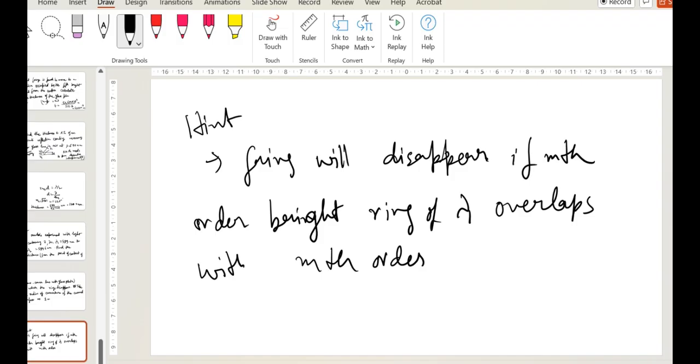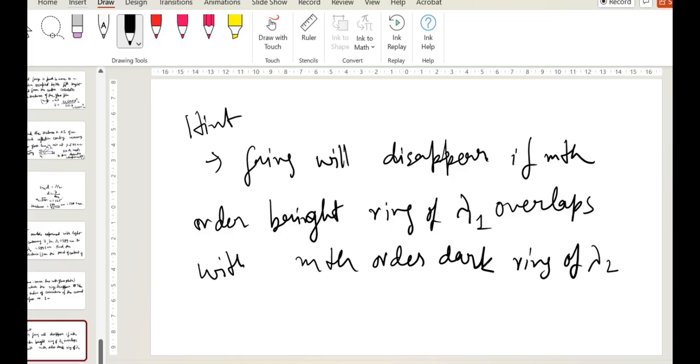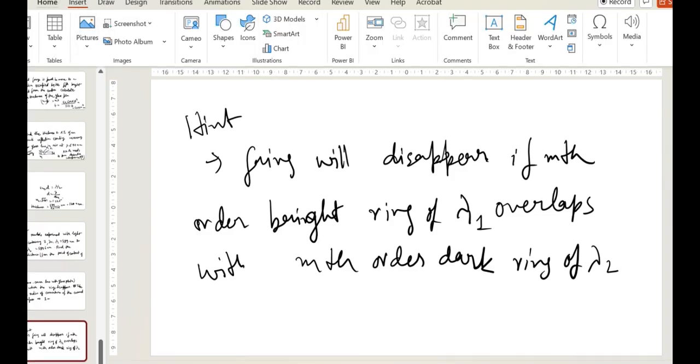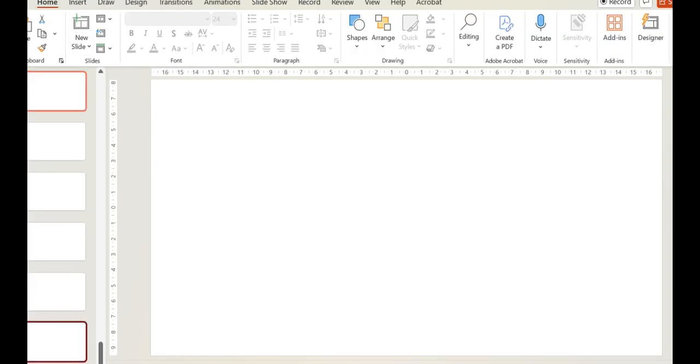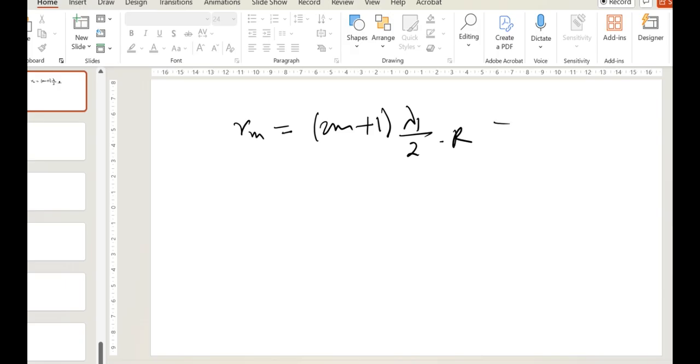So r squared equals (n plus 1) lambda 1 R by 2, and that should be n lambda 2 R.